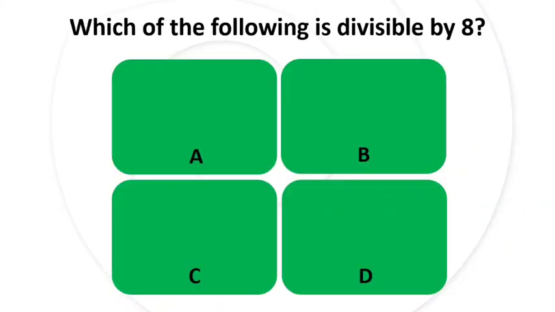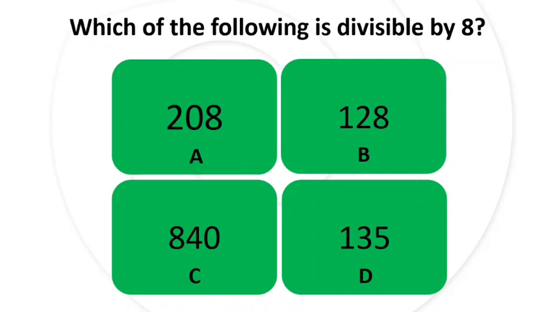Which of the following is divisible by 8? 208, 128, 840, 135. The answer is C. 840.